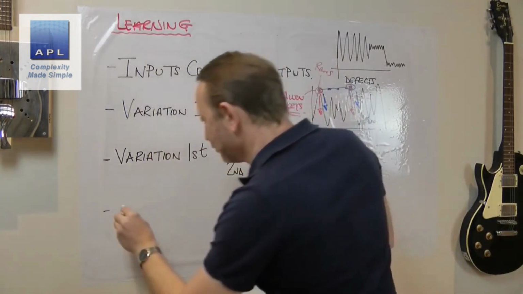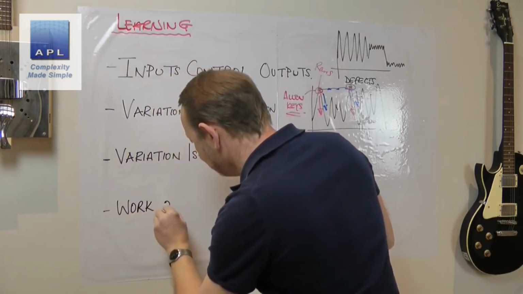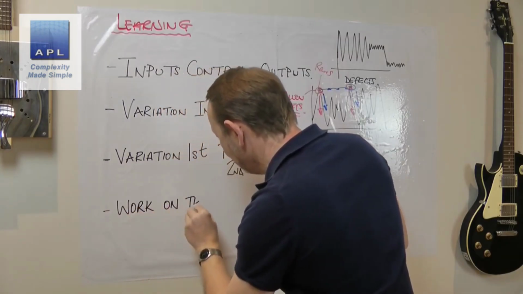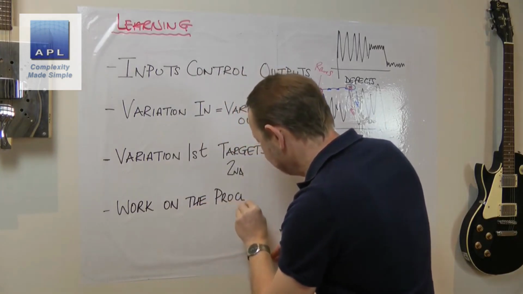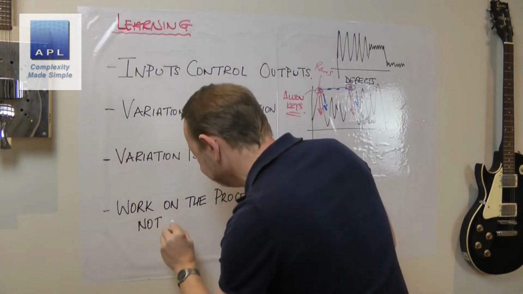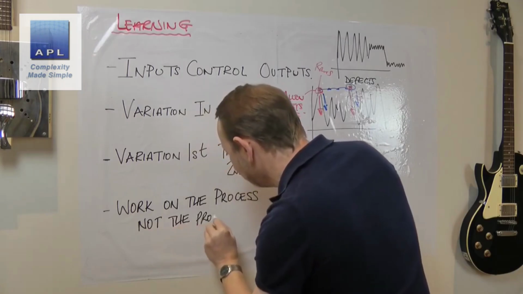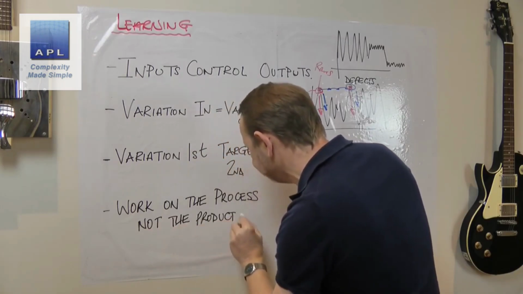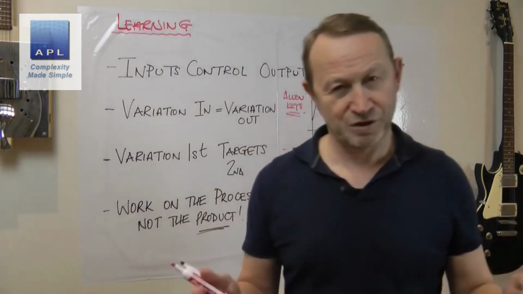And the fourth principle is you have to work on the process, not the product. We get obsessed with the product because the customer wants the product.